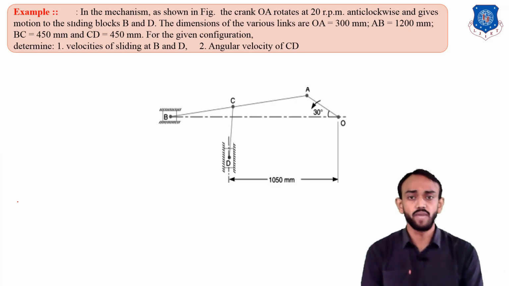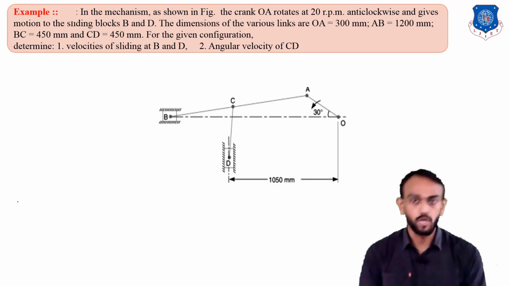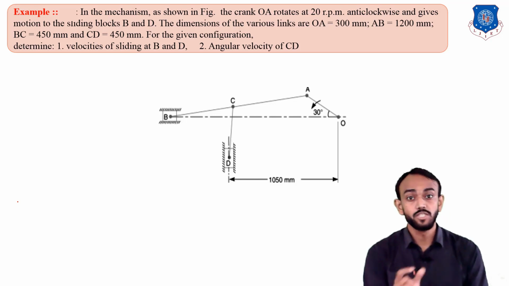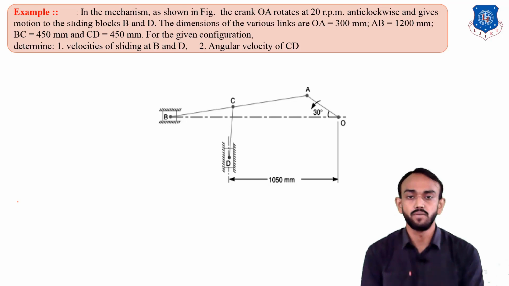As you can see, a very large scale is given because the largest dimension is 1050 mm, which is 105 centimeters, very large. So we have to scale down this dimension. We can take a scale ratio of 1:10, meaning actual 10 mm will be 1 mm in our drawing. So 105 centimeters will be only 10.5 centimeters in our drawing sheet.